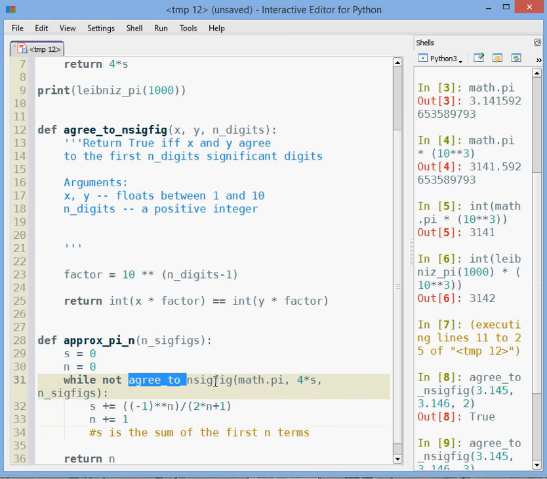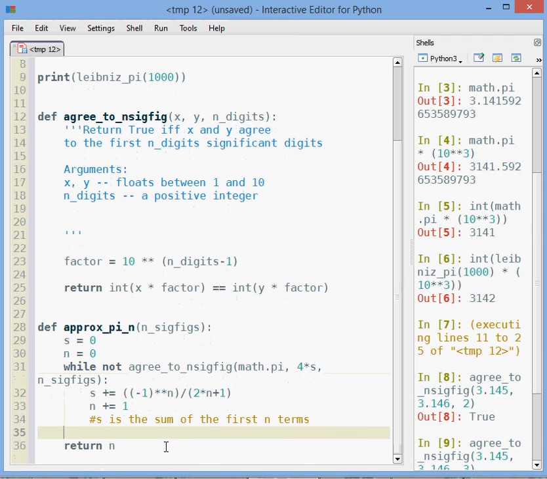And now we check again. So the second time that we check, n equals 1, and we have one term that we've added to s. So that means that when we stop, we actually have what we want. We have the number of terms that were added to s. So n is the right thing to return.